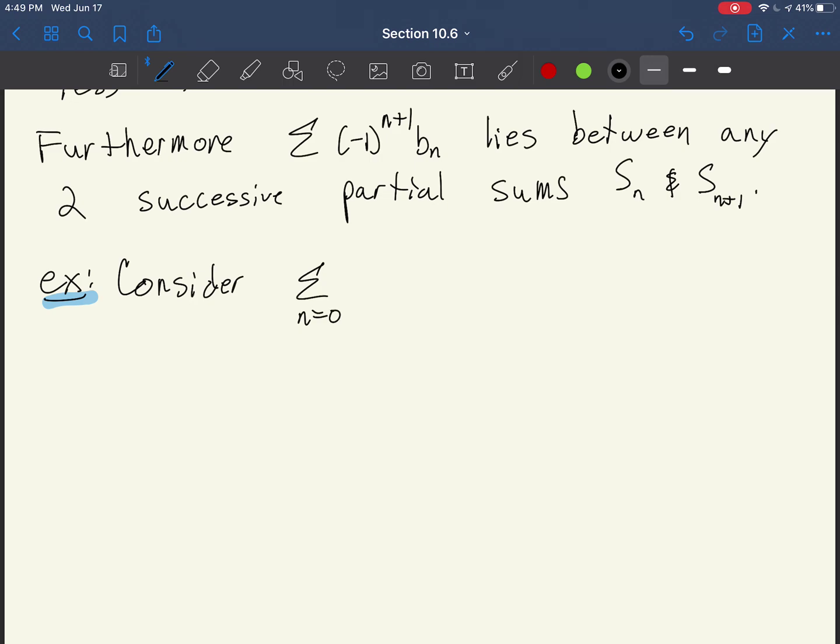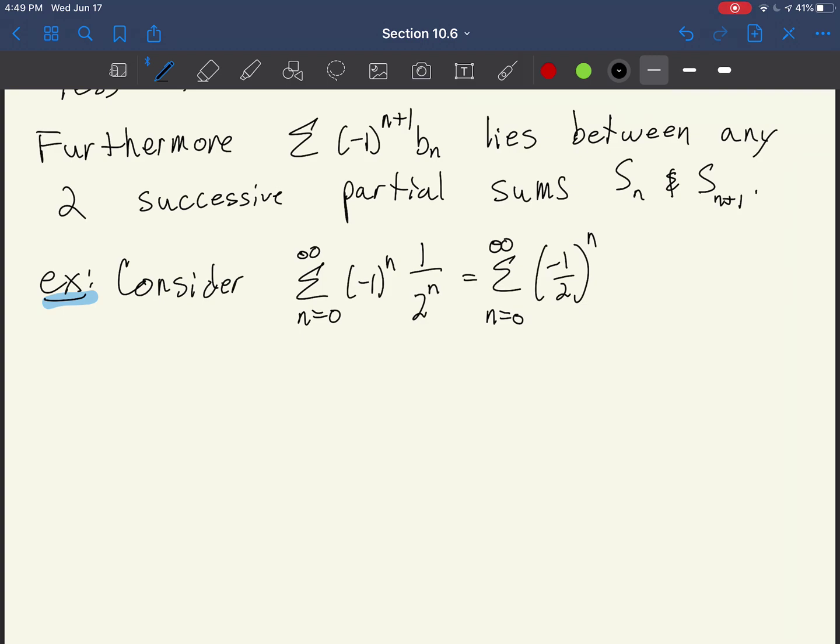Example. Consider the summation from n equals 0 to infinity of -1 to the n times 1 over 2 to the n. This is an alternating series because we have this -1 to the n. But notice we can also combine this, and we have the summation from n equals 0 to infinity of -1/2 to the n.